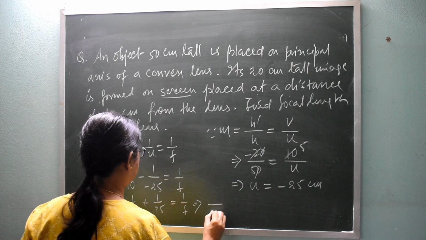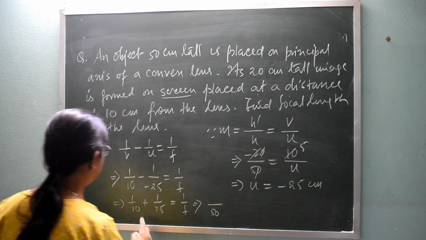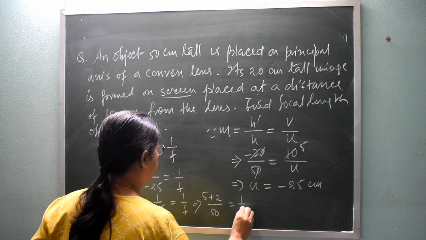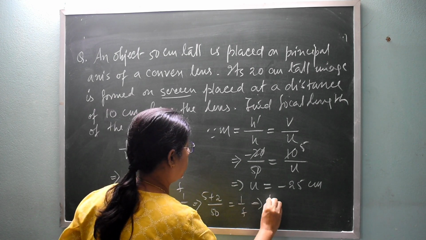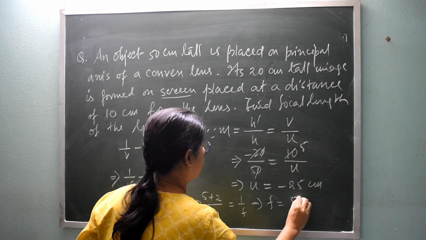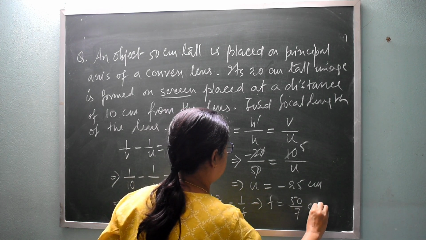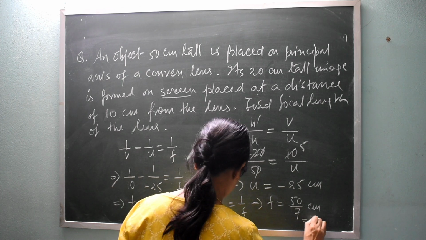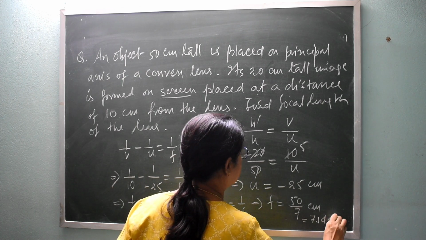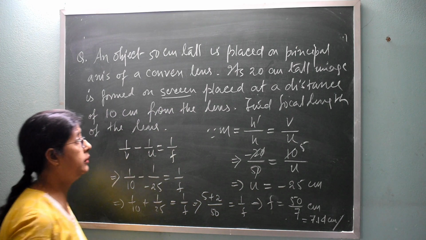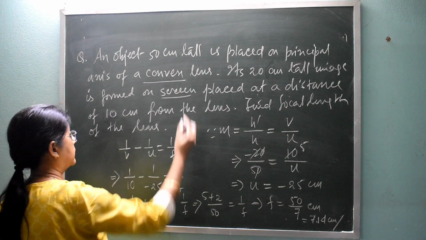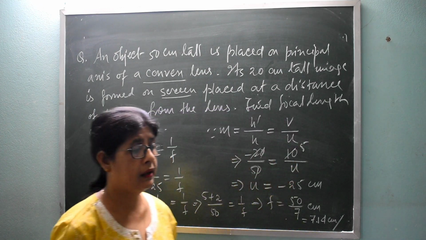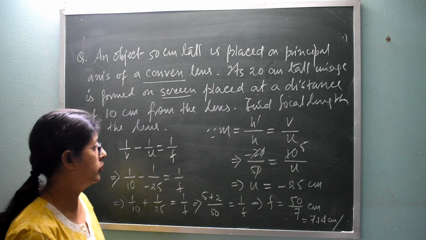That gives 5 plus 2 over 50, so 1 by f equals 7 by 50, and the focal length equals 50 by 7 centimeters. In decimal, the answer is 7.14 centimeter. If the focal length is positive, what kind of lens is it? A convex lens.